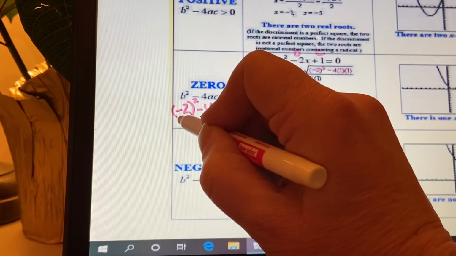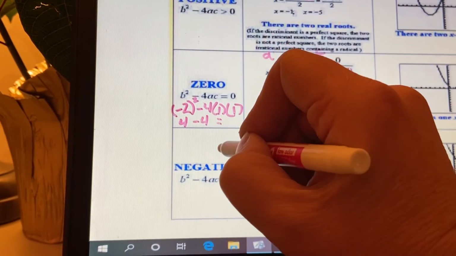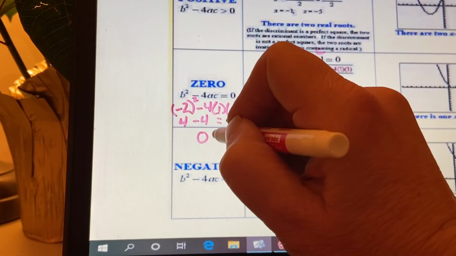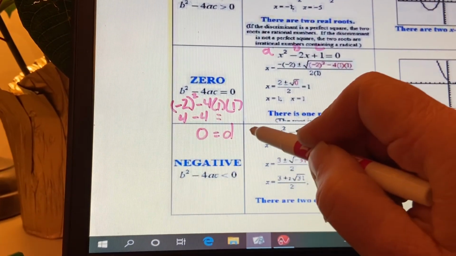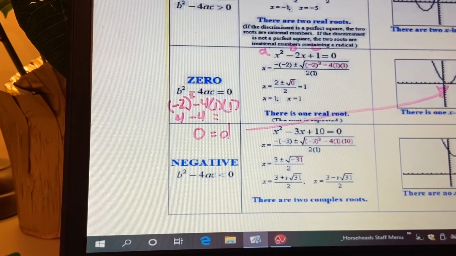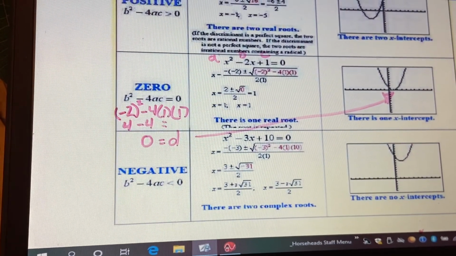So that would be 4 minus 4, and I get 0. So therefore, that's my discriminant. Therefore, I will only have 1 double root, and it's a real root. 1 double real root. Okay?